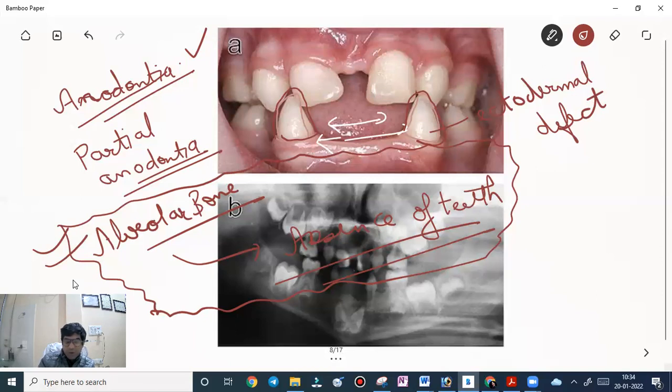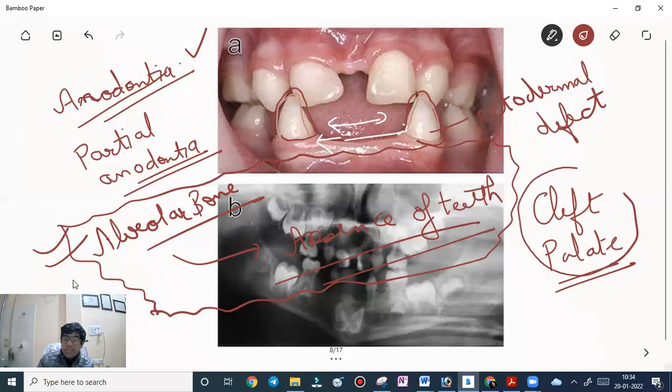So let us discuss the palatal arch, which is high, and cleft palate will be seen. So next question, which gene is causing the cleft palate? So remember for your exam, it is due to mutation in the PVRL1 gene.